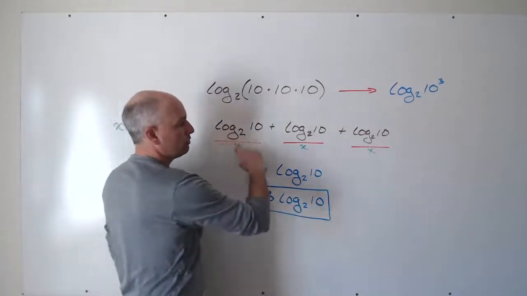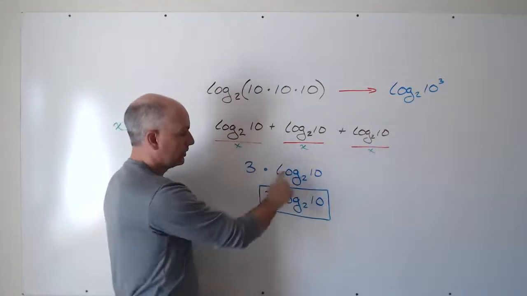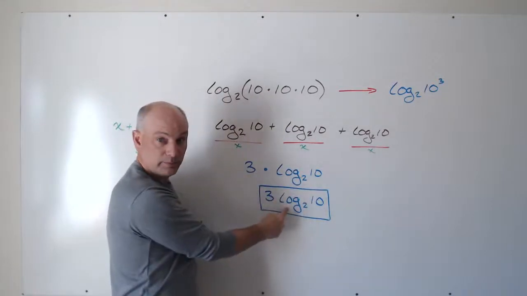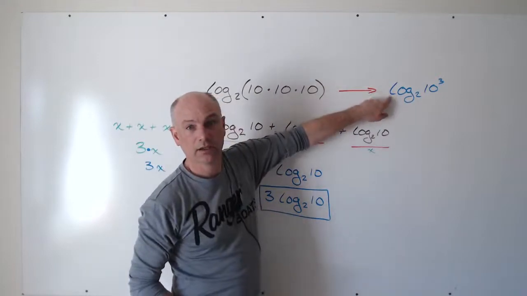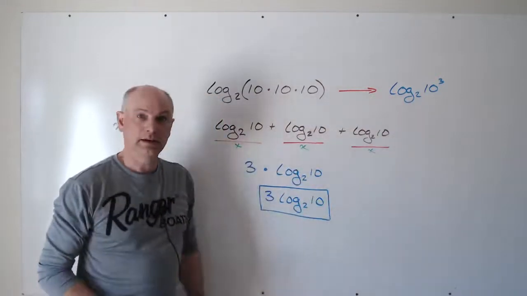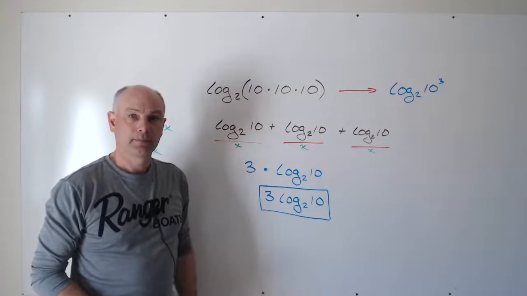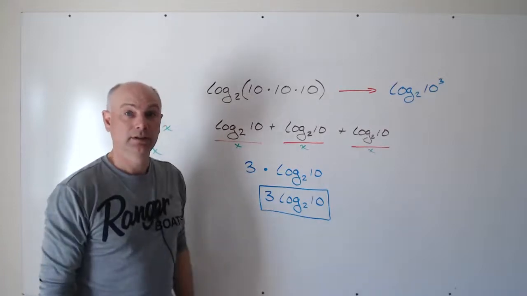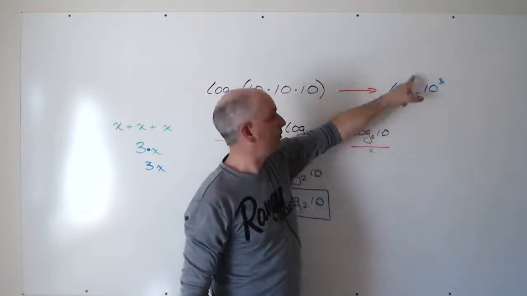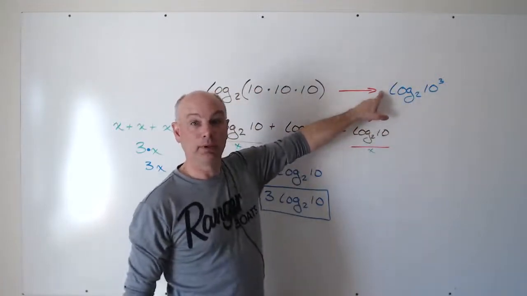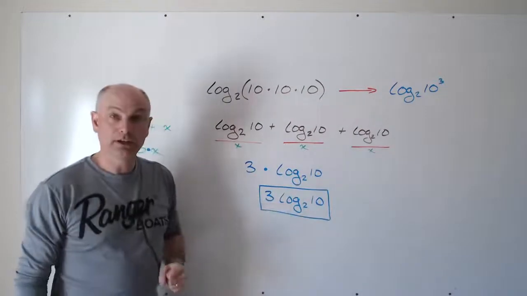Instead of having to do all of this work to get to this result, what could I say from here to there? What happened? It's like the exponent was allowed to move down and become a multiplier in front of the logarithm.